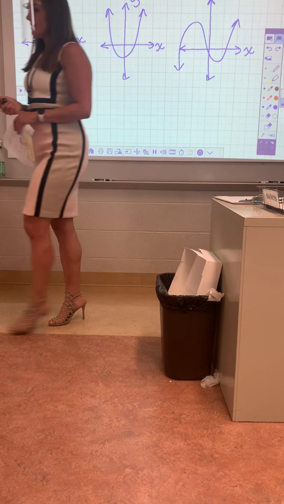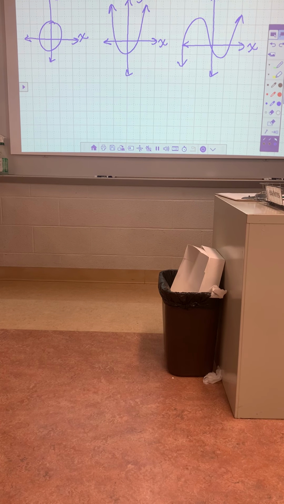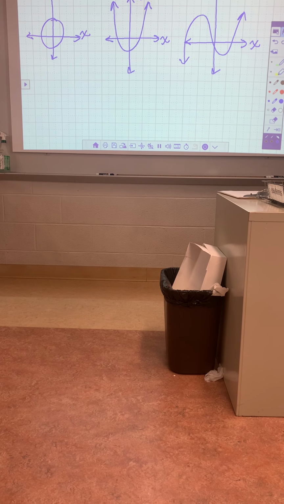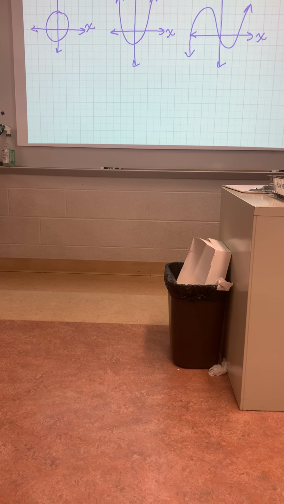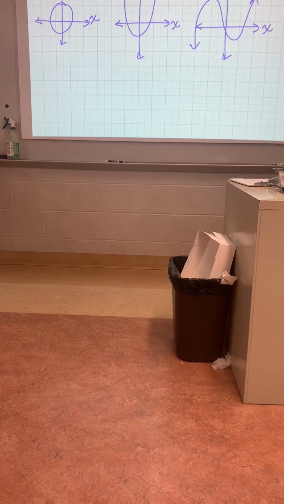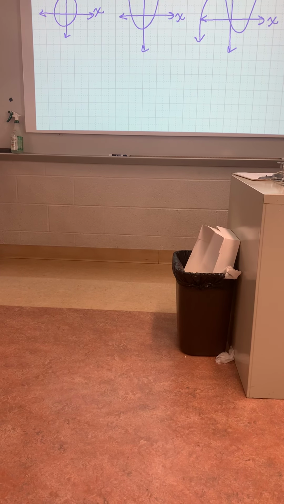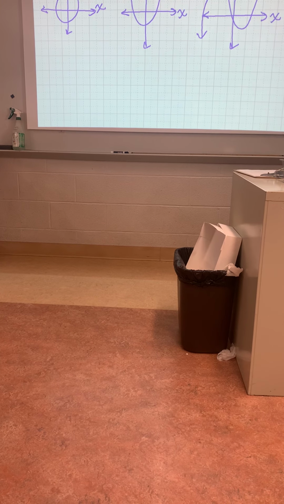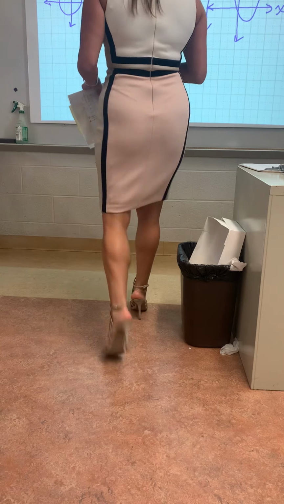Okay, let's look at these 3 graphs and decide whether or not they are a function. All of them are relations because they have inputs and outputs. Now we also want to decide if they are functions. So what do we think for the first one?